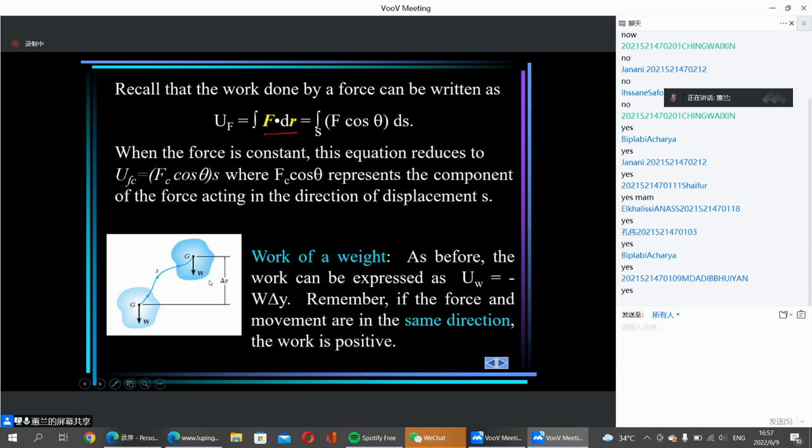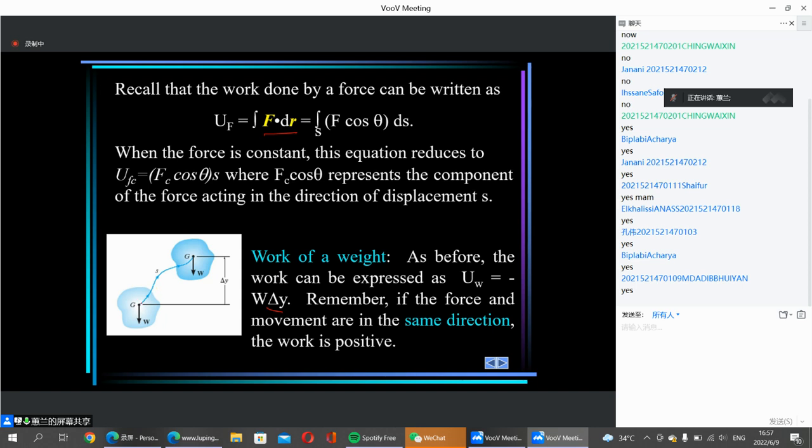And again, for the work done by the weight on the rigid body, it is calculated the same way as for the particle. It will be equal to the weight times the displacement. However, here the displacement is that of the mass center, or the gravity center, of the rigid body.